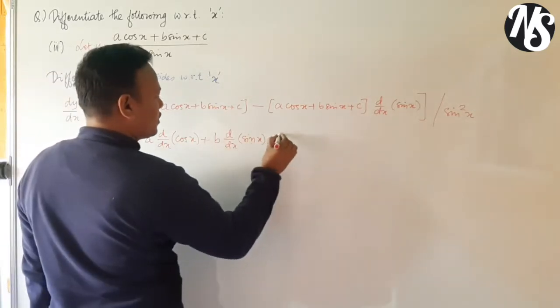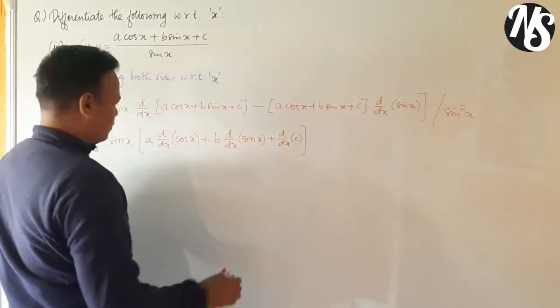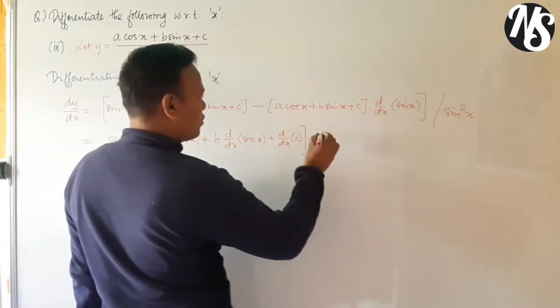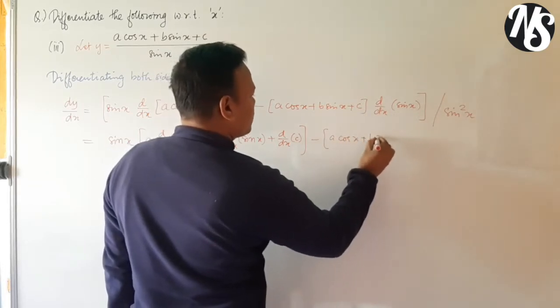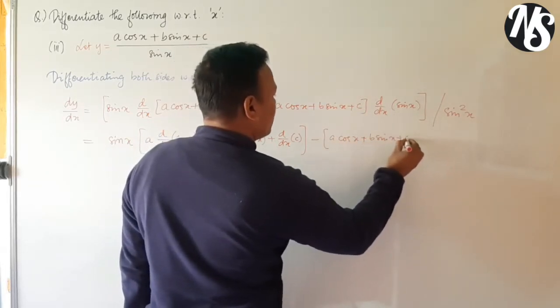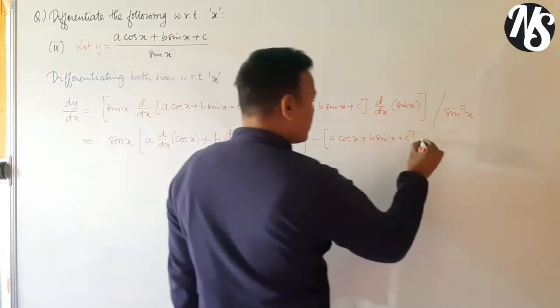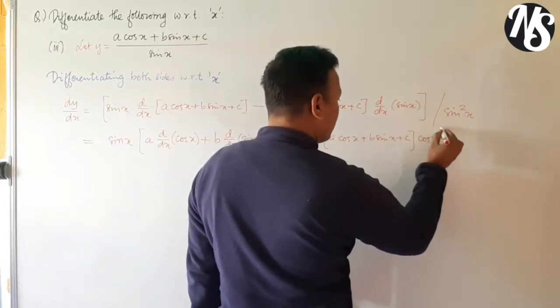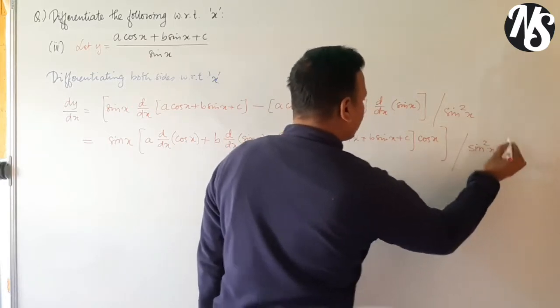Minus, this will be kept as it is, so a cos x plus b sin x plus c, and you know what is differentiation of sin x? It is cos x, right? So that's why I've written cos x here, divided by sin square x also.